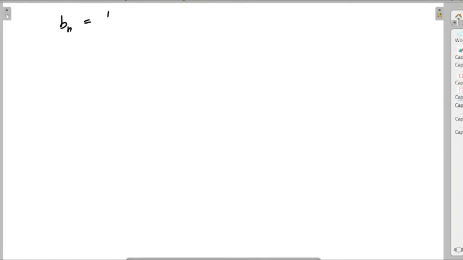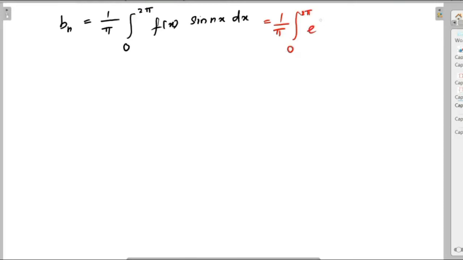Bn equal to 1 by pi integral over 0 to 2 pi f of x sin nx dx, which is equal to 1 by pi integral over 0 to 2 pi e power ax sin nx dx. Now I am going to apply this formula.